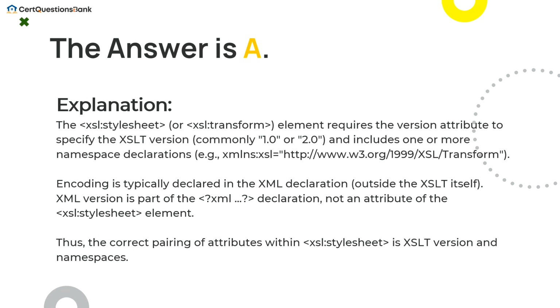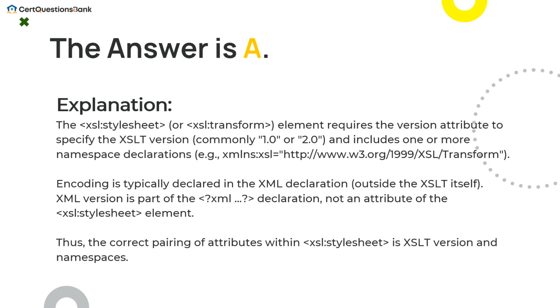The answer is A. The element requires the version attribute to specify the XSLT version, commonly 1.0 or 2.0, and includes one or more namespace declarations, e.g., xmlns:xsl equals http://www.w3.org/1999/XSL/Transform.